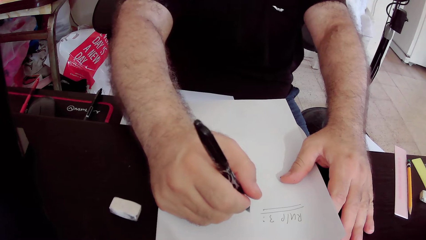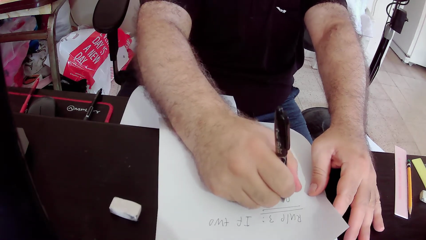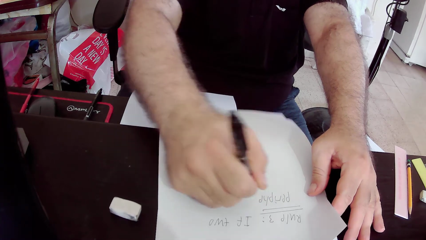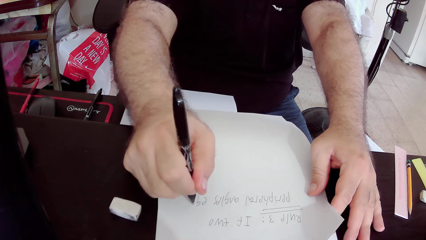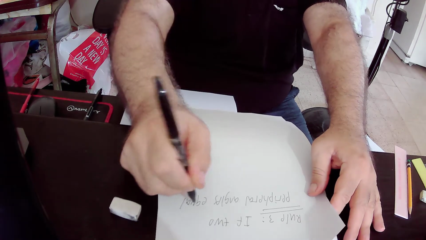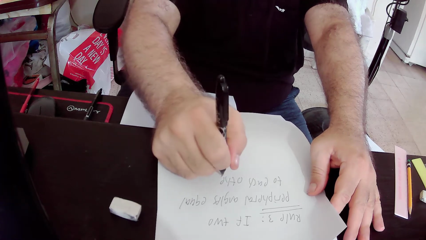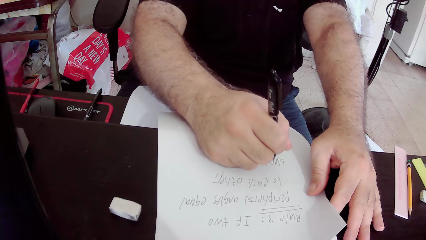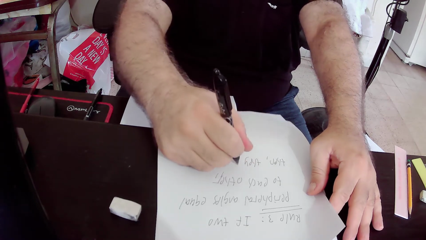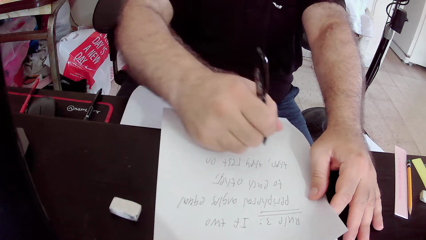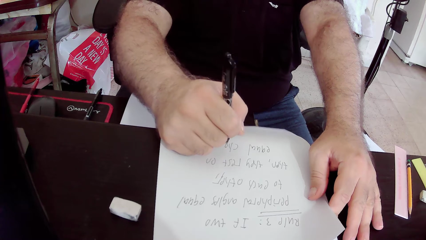if two peripheral angles equal each other, then they rest on equal chords, equal chords or equal arcs.